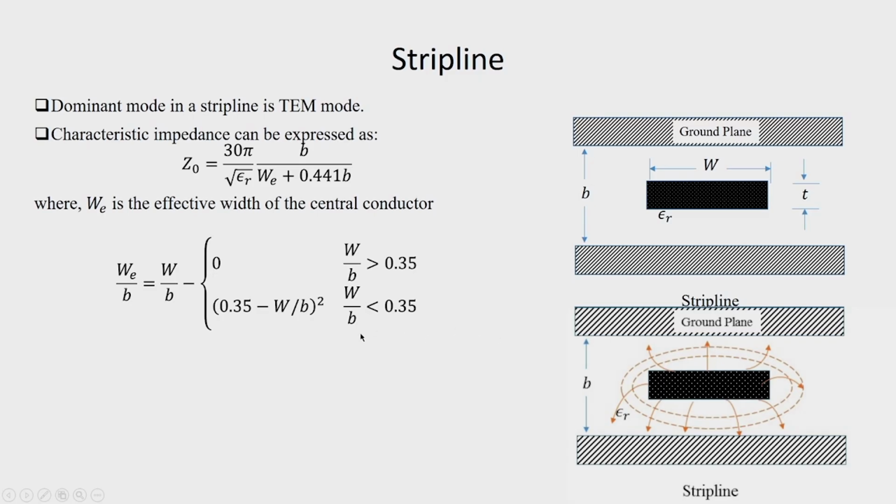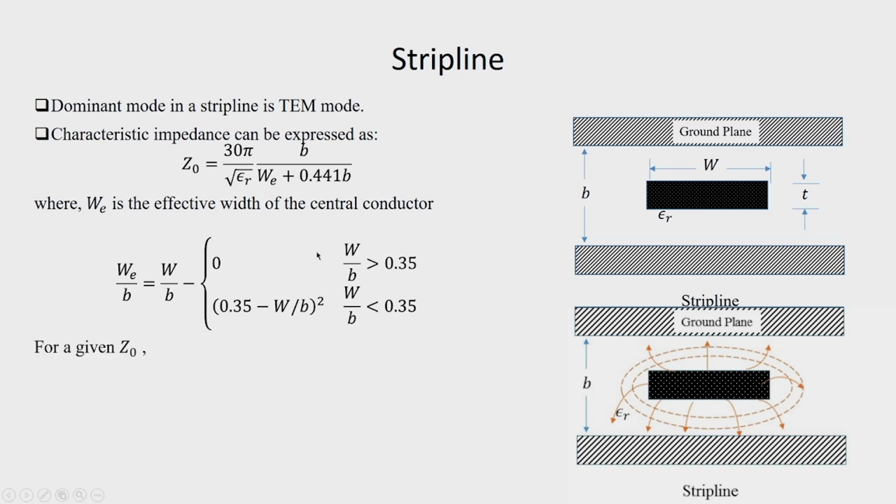But if W by B is less than 0.35, in that case the width of the central conductor is much smaller compared to the separation of the two ground planes. We need to add a correction factor which is given by 0.35 minus W by B whole square.